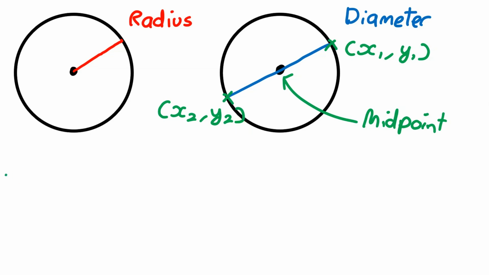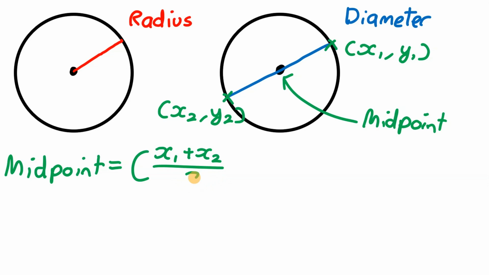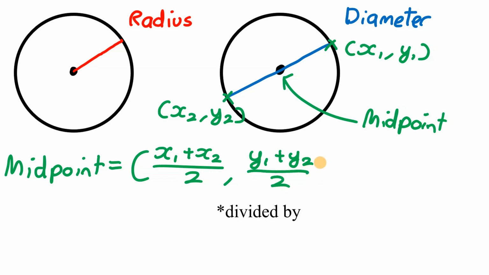If you don't know, the midpoint between x1, y1 and x2, y2 is equal, so the x coordinate is going to be x1 plus x2 divided by 2, and the y coordinate is going to be y1 plus y2 divided by 2, okay? And we can use this in order to find the center of the circle if we're given the diameter, okay?